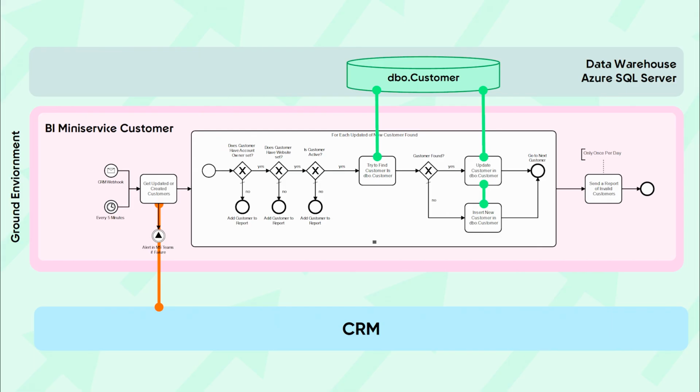And that leads us to the following part of the process, where first we get all of those changes from our CRM system. And here we can utilize those Frends pre-built connectors quite effectively. Depending on if it was a webhook, we just grab that one single customer that the webhook provides for us. And if it's a schedule, we grab all customers that have been updated or created since the last 5 minutes that we ran the solution.